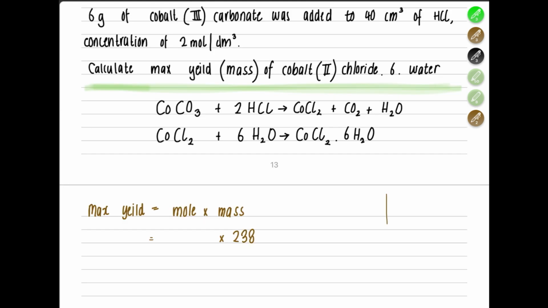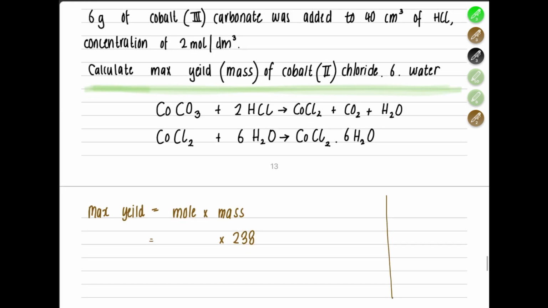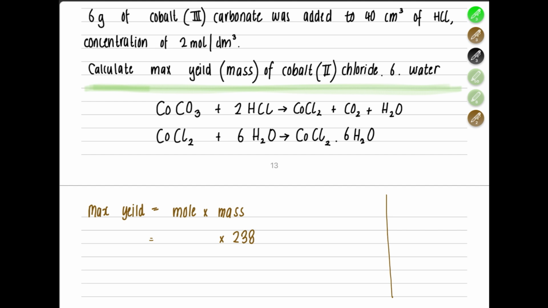Let's find the moles. Let's see what values are given to us first. This is for cobalt carbonate: we know we have 6 grams. For hydrochloric acid, we know we have 40 centimeter cube and 2 mole per decimeter cube.